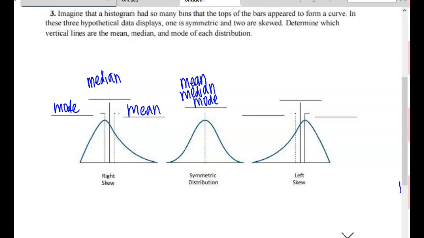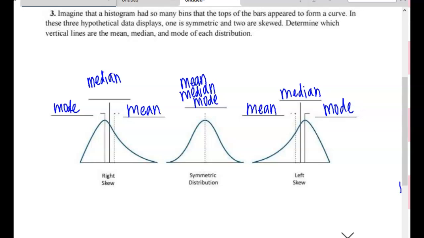Okay. We didn't get to see a left skew, but you have a picture here, you have a graphic. So where would you put the mean for the left skew? On the left side, good. Okay, median, middle, and then mode can go here. Okay.